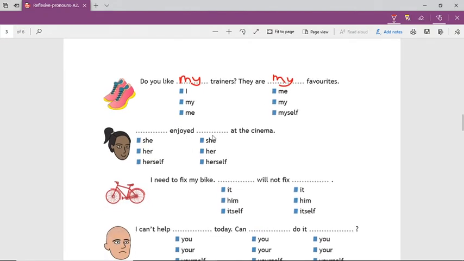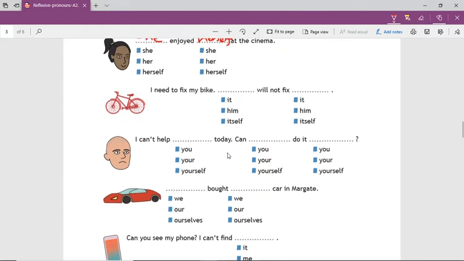Blank enjoyed blank at the cinema. So in this case, the object is the same as the subject. So she, we have a reflexive pronoun in here. She enjoyed herself at the cinema.